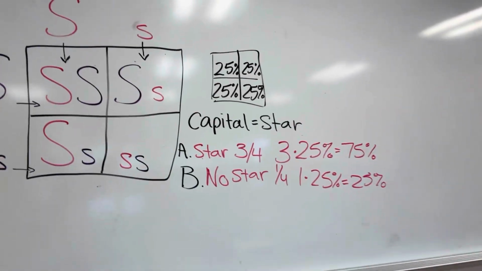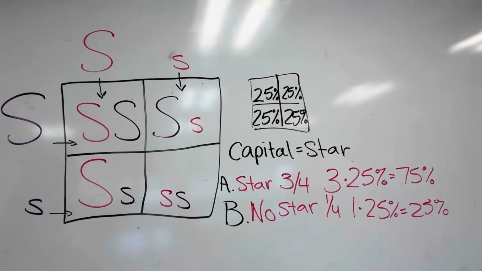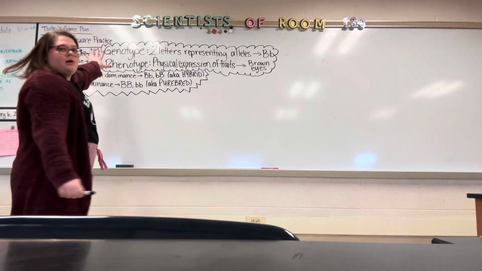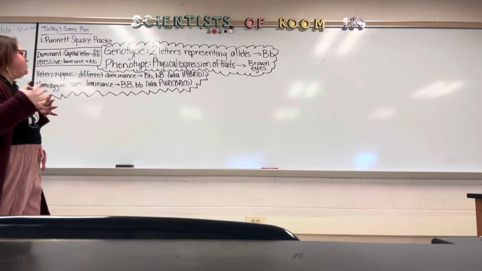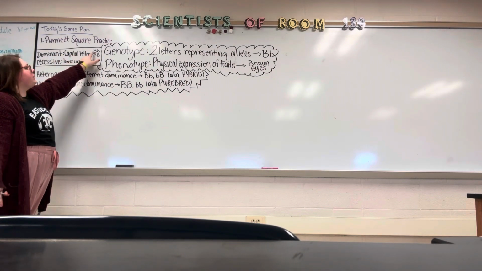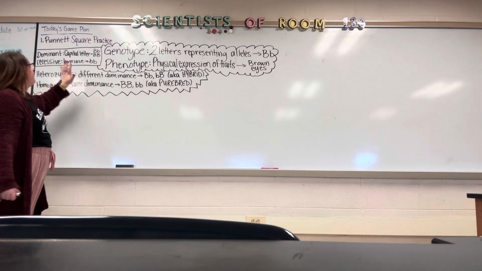Bring you closer to look at the Punnett square. Okay, I put some definitions up on the board for some reminders, okay? Dominant is shown with capital letters, so we could have capital B, little b, or big B, okay?